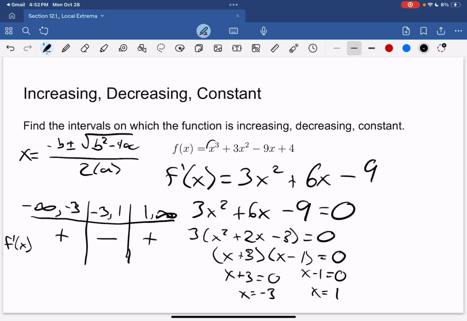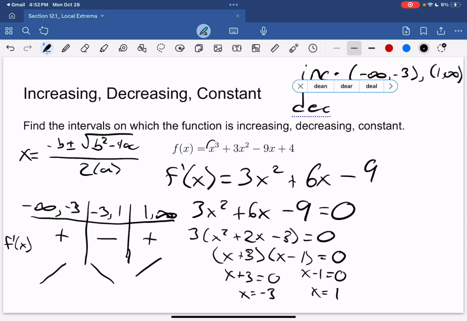Okay. So what that tells me is I am increasing from -infinity to -3, decreasing from -3 to 1, and increasing from 1 to infinity. Just to write that down, I'm increasing from -infinity to -3, and I'm increasing from 1 to infinity.